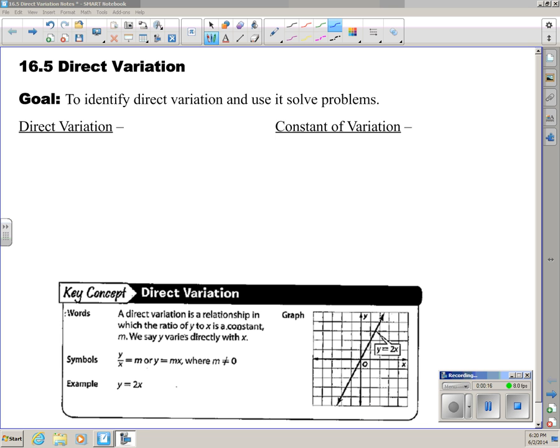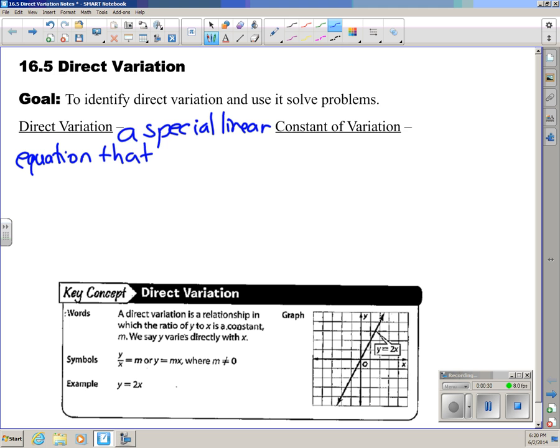So a direct variation is a special linear equation that describes rate of change, which is going to be the same thing as the slope, the constant of variation, the constant of proportionality, those similar terms.